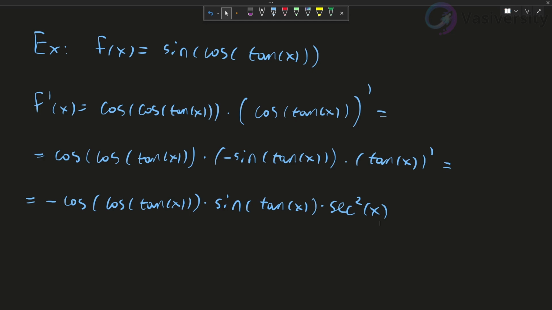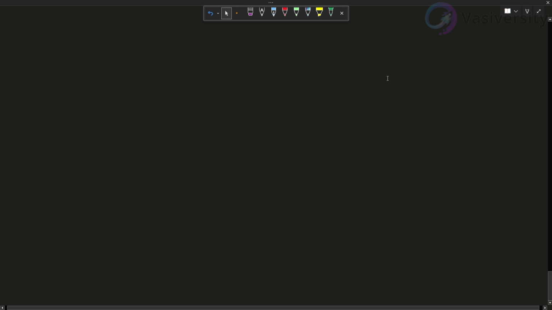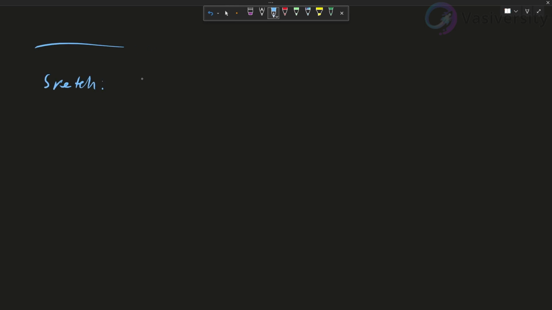We would let u be g of x, and it's differentiable, and then y is f of u, so it's also differentiable. This one is differentiable at a, and this one is differentiable at b equal to g of a.